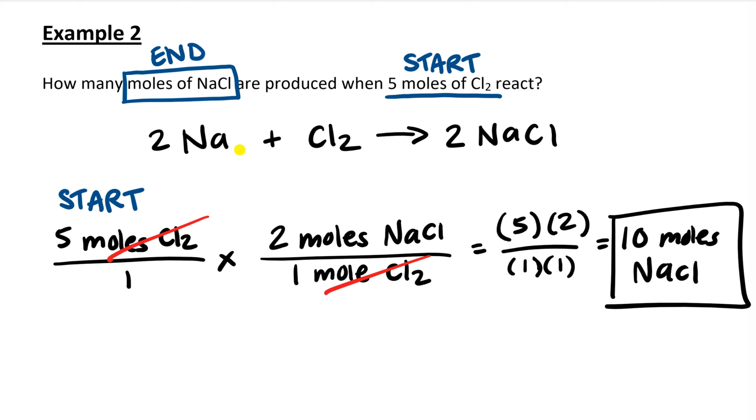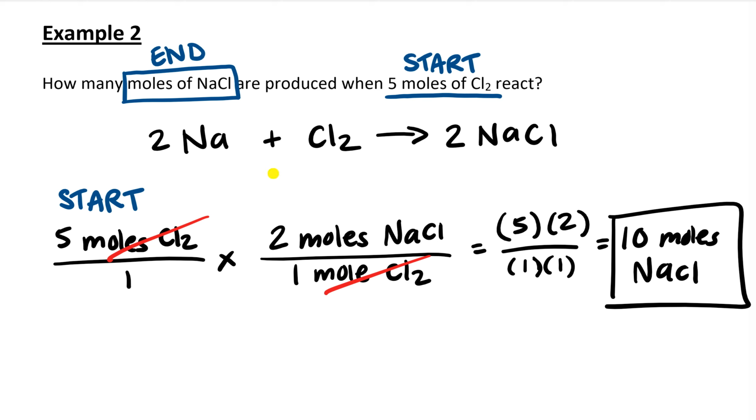And let's just look at our balanced equation. Does that make sense? We said in our balanced equation the coefficient of chlorine is 1. For every 1 chlorine that reacts, we always make 2 moles of sodium chloride. So if I increase the amount of chlorine up to 5 moles of chlorine, it does make sense that we are going to get 5 times 2 moles of sodium chloride.